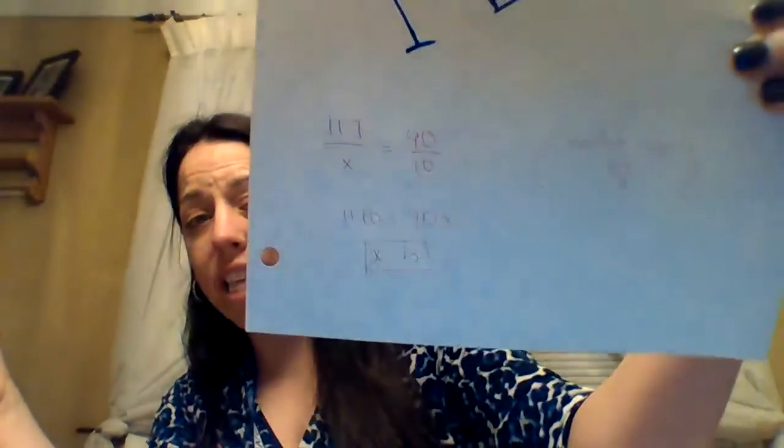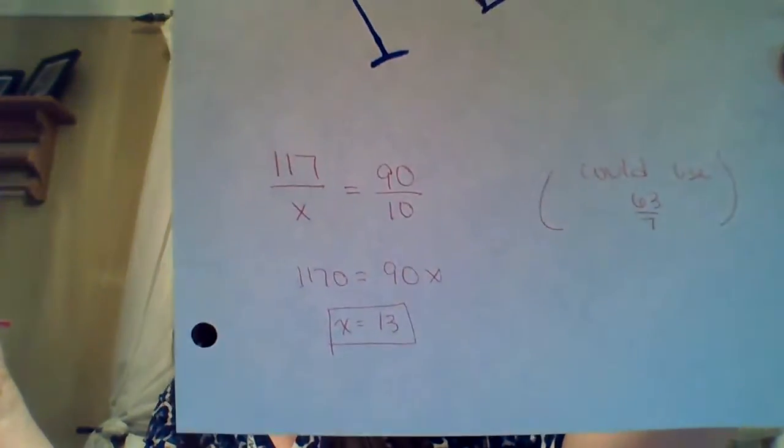So the one last thing we have to do on our calculator is 1,170 divided by 90. And so x would equal 13. Okay, and you would obviously get that same answer if you use that 63 over 7. You also would get the same thing if you would have had the ratios flipped upside down. Okay, not a big deal in having the ratios flipped.